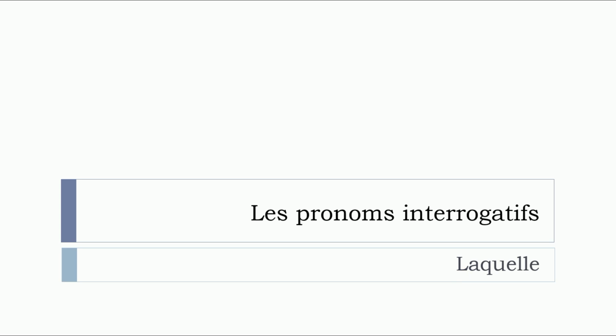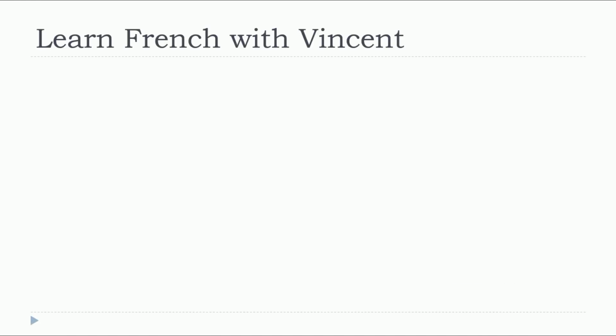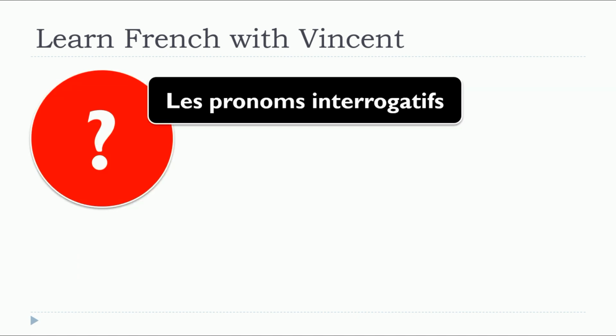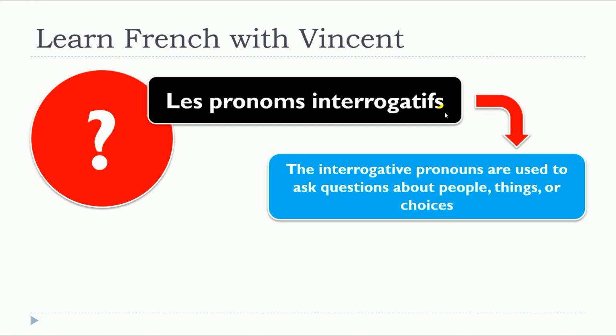In this lesson, we will see together les pronoms interrogatifs, but more precisely, we will work on laquelle. So, what are les pronoms interrogatifs? Well, we'll have two things to answer.